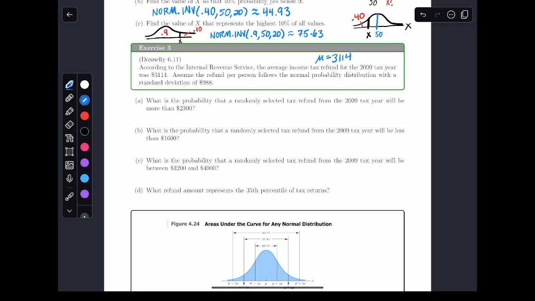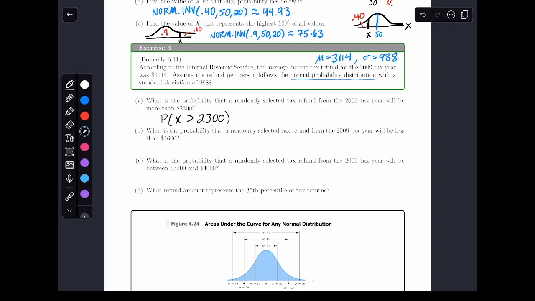And it says, assume the refund per person follows the normal probability distribution and that the standard deviation is $988. And so part A asks for the probability that a randomly selected tax refund from the 2009 tax year will be more than $2,300.